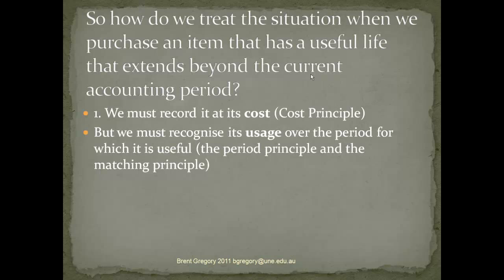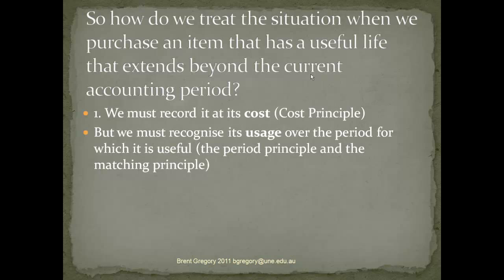How do we treat the situation where we purchase an item that has a useful life that extends beyond the current period? For example, we buy a motor vehicle, we think it's going to last for 5 years. Is it appropriate that we record the total expense this year and count that as an expense for this year?